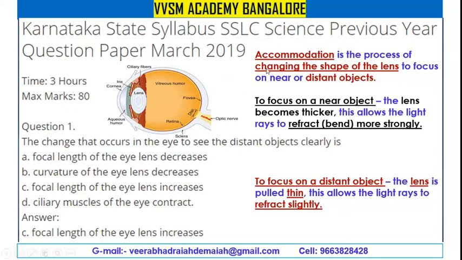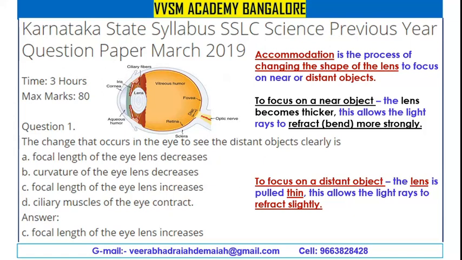For that, the tip is: accommodation is the process of changing the shape of the lens to focus on near or distant objects. It is changing the shape of the lens to accommodate the image on the retina. That means our lens is adjustable in nature. The human eye has a special quality. To focus on a near object, the lens becomes thicker. This allows the light rays to refract, or bend, more strongly. To focus on a distant object, the lens is pulled thin.